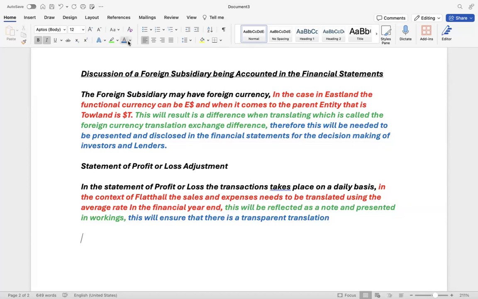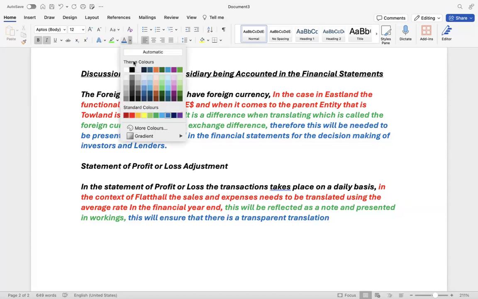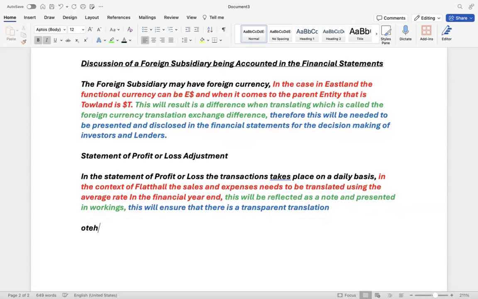Now, students, I'll write down here another heading, other comprehensive income section, because it is statement of profit or loss and other comprehensive income.